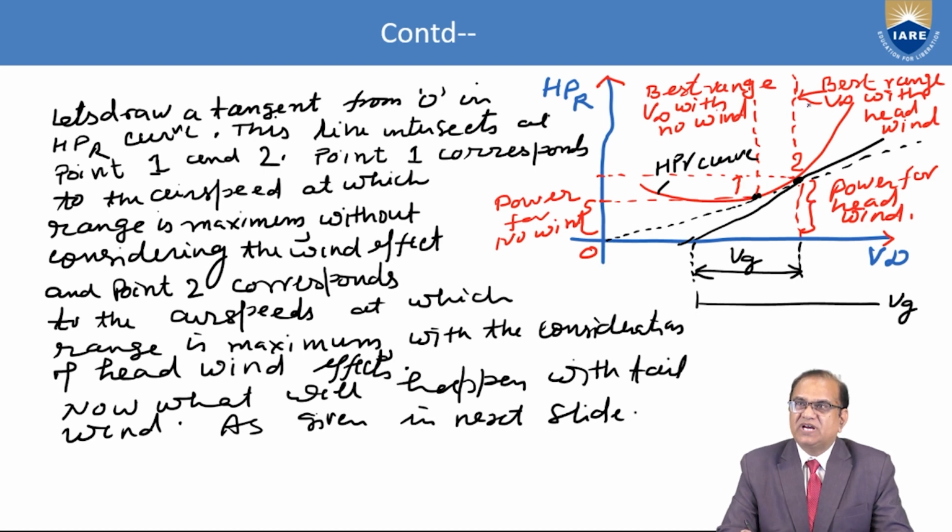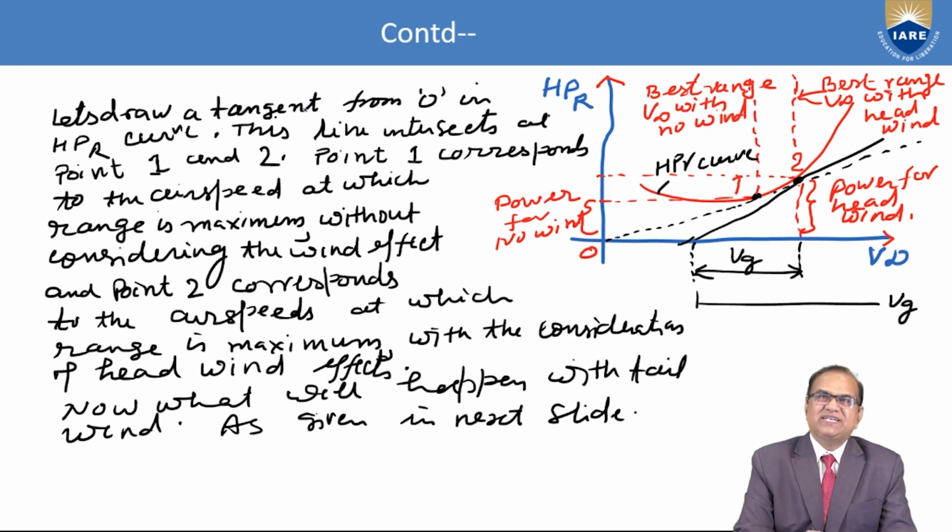So here we have the best range V infinity. This is without headwind. Best range V infinity with no wind. Okay, so let's draw a tangent from the origin on the HPR curve. This line intersects at point 1 and point 2.